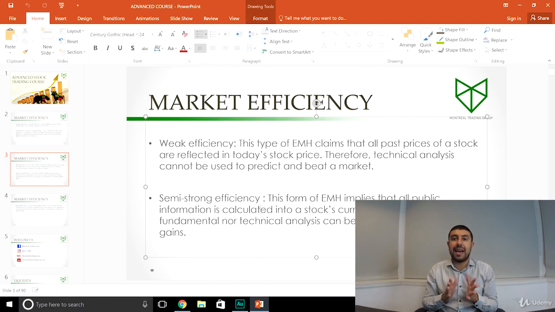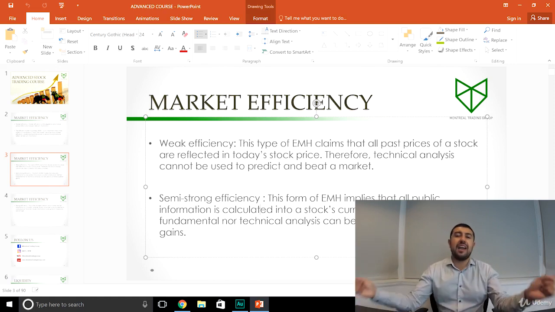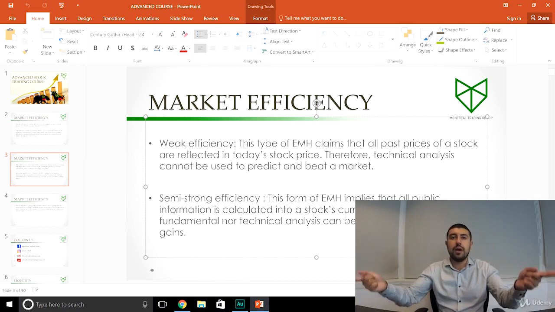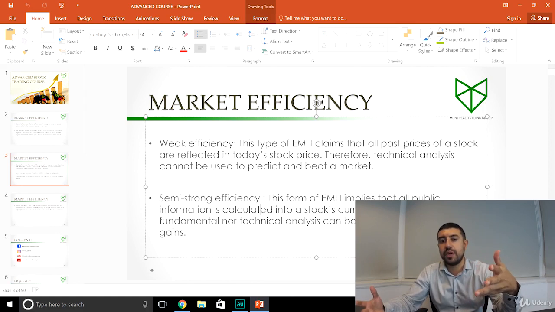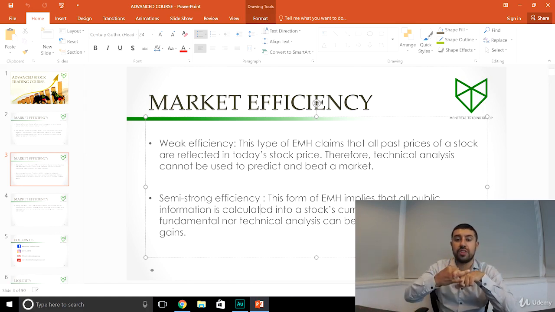You can't use any of that because everybody already knows all these fundamentals, and everybody has already used them to price the stock and to buy or sell the stock. Thus, that information is already included in the price, and you analyzing it is not going to give you an edge. Okay, so when you're looking at semi-strong, it says you can't use technicals nor fundamentals.